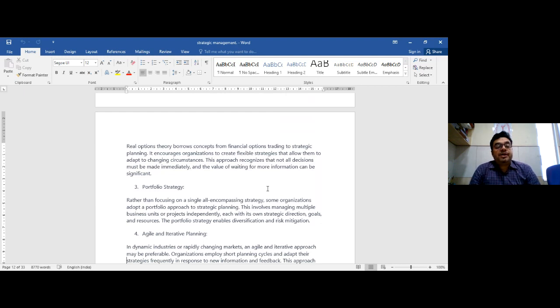The portfolio strategy would enable diversification and risk mitigation.